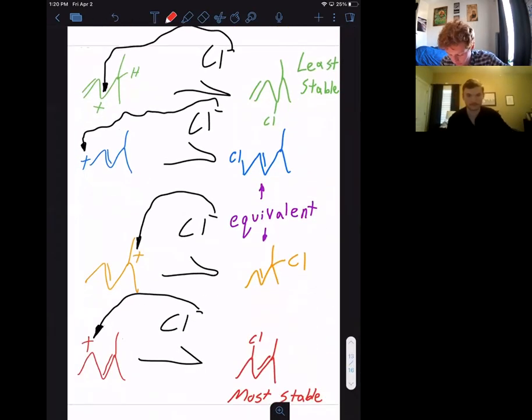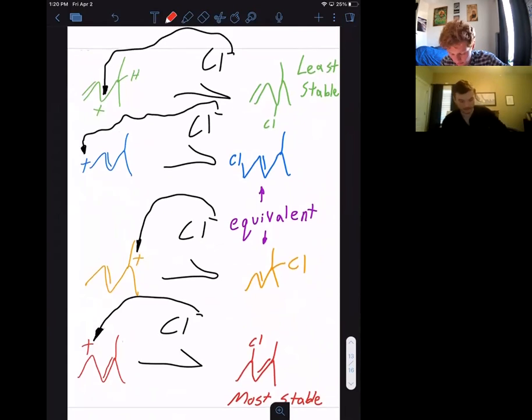Now we're just going to have all these chloride guys attacking. This looks kind of ugly, partially because I did it in a hurry and the battery on the pen was about to die. But anyway, as far as equivalency goes, once again, these two products both have 2 secondary carbons that form the entirety of the double bonds.